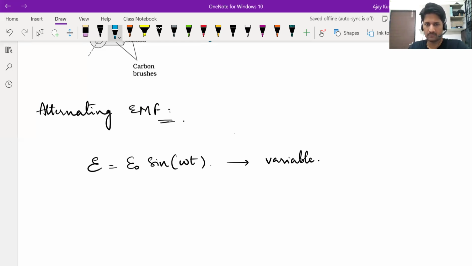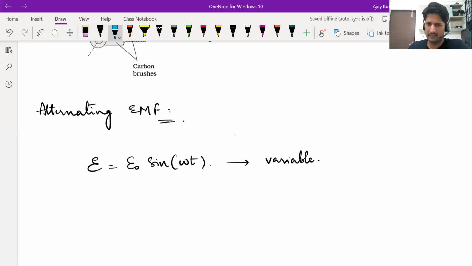No, t is 0 here, and you know sine 0 is 0. It's E naught multiplied with 0, no? Oh, yeah, sir. Then the whole thing becomes 0, right? And when time becomes non-zero, it's possible that the sine function gives a non-zero value. Then the EMF also becomes non-zero, so it keeps varying.